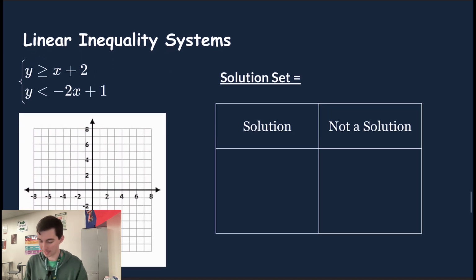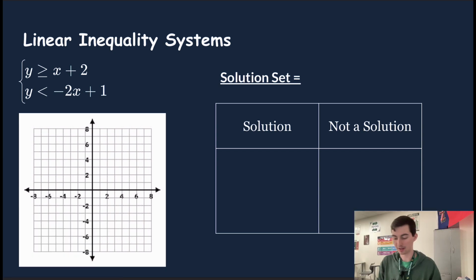We have y is greater than or equal to x plus 2, and y is less than negative 2x plus 1. I'm going to graph this first one in red. Remember, y is equal to mx plus b, so this is my slope and this is my y-intercept. I'm going to come up to 2 and put my point there.